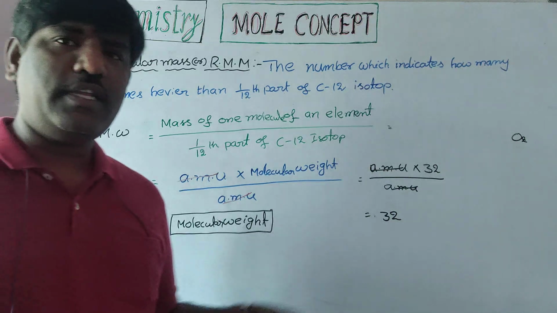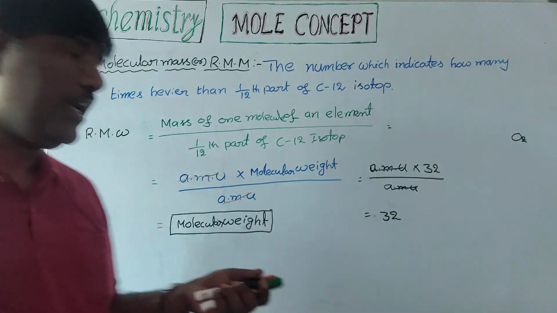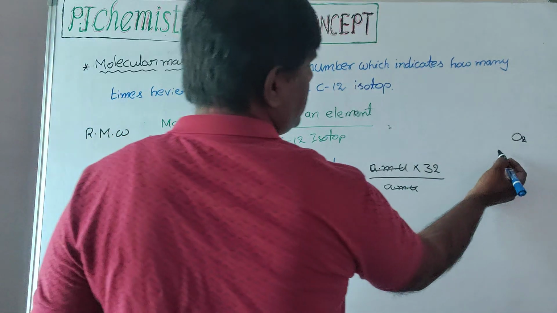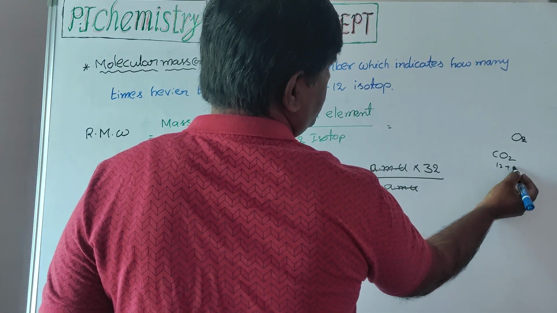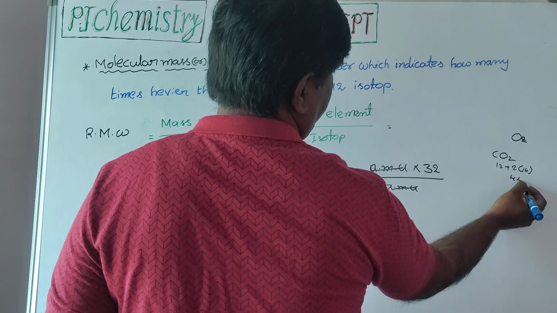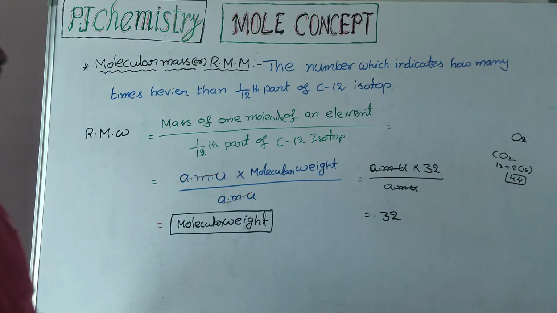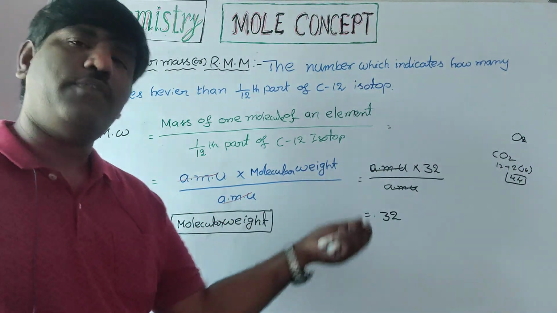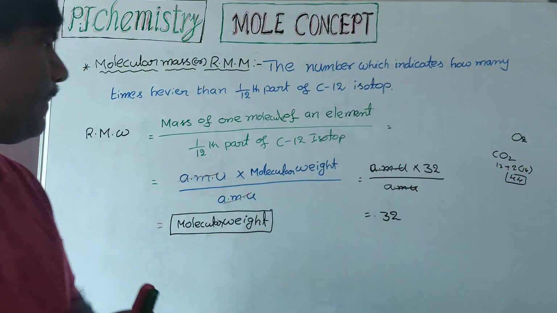If you take nitrogen, N2, you will get 28. If you take CO2, carbon dioxide, CO2 molecular mass how much? Carbon 12 plus 2 into 16, since 2 oxygens are there. Total 44 you will get. So the relative molecular weight of carbon dioxide is 44. Okay.